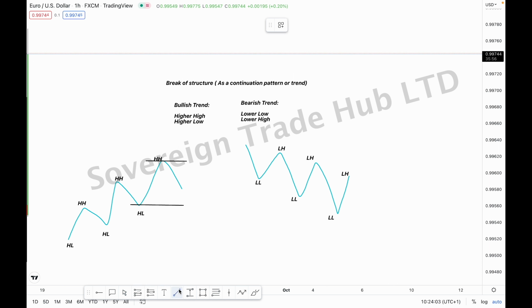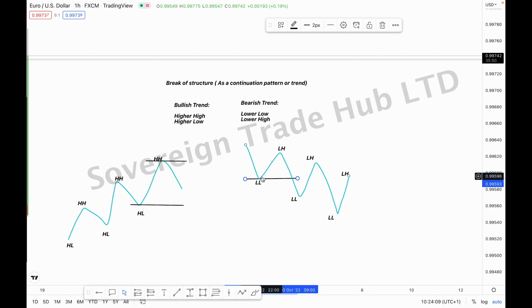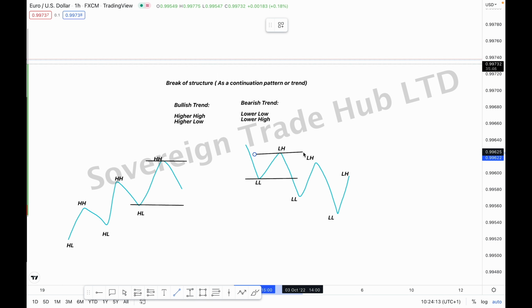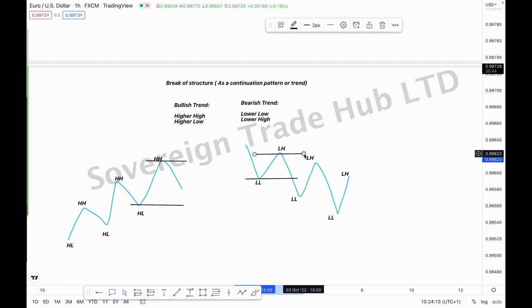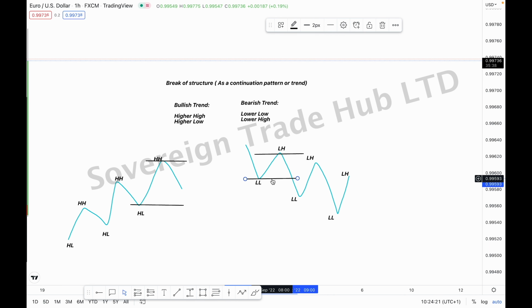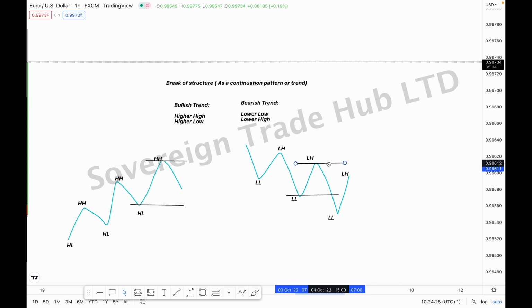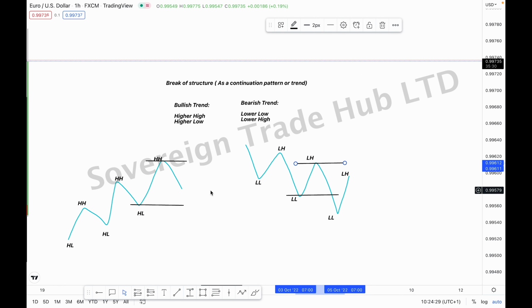What I've said here is likewise applicable to this bearish trend we are seeing here. If the market breaks through this lower low, we will say that there is a structure shift, or a shift in order flow, from this range to this range. In every range, we are always looking out for what price is going to do.